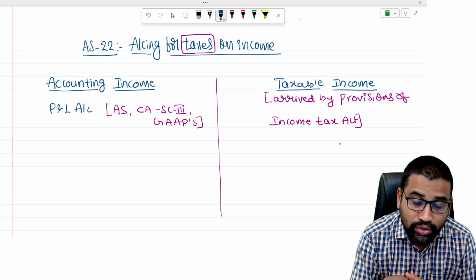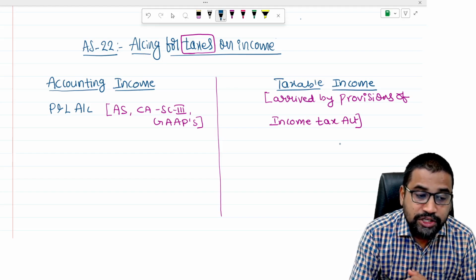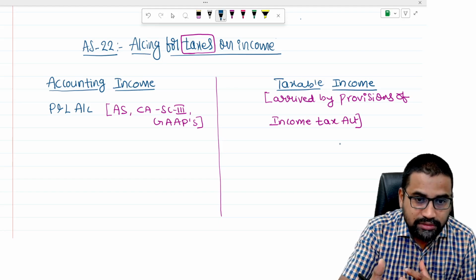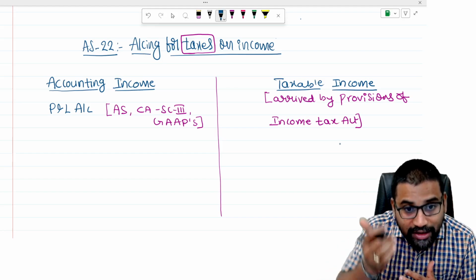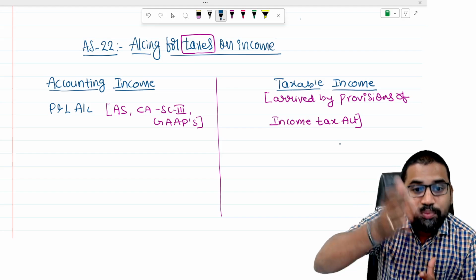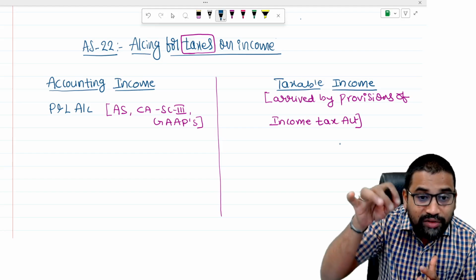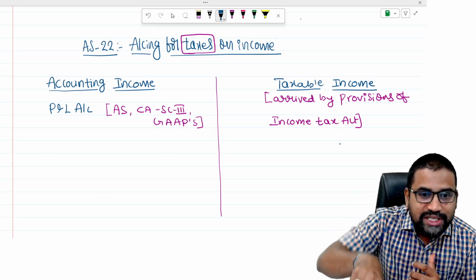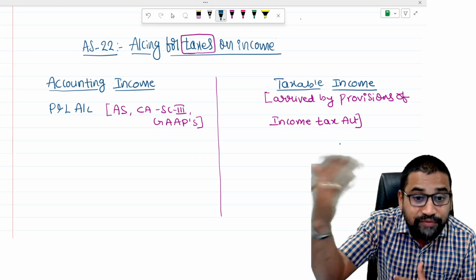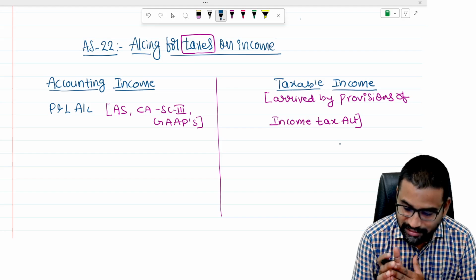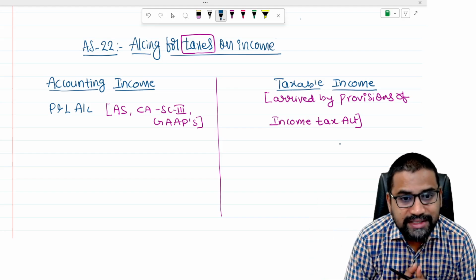That means even though you debit preliminary expenses to P&L account directly, in income tax that will not be allowed this year. That will be allowed over a period of 5 years. That means only 1/5 of preliminary expenses is allowed this year. The remaining 4 parts will be allowed in the future years, because of the provisions of Income Tax Act.